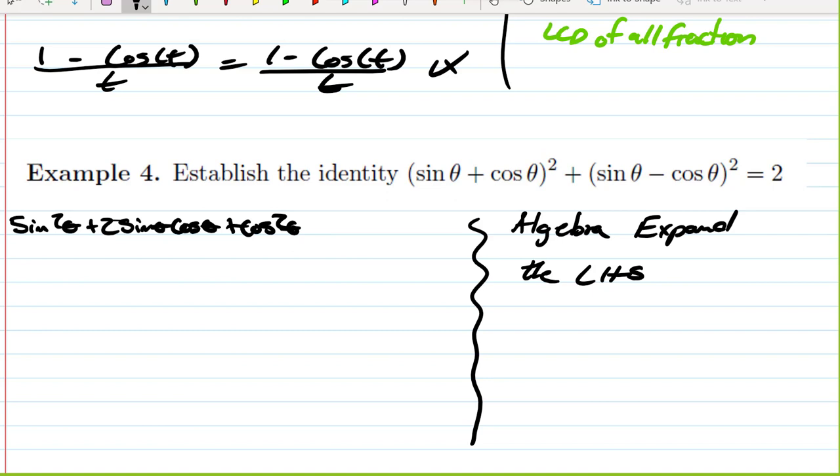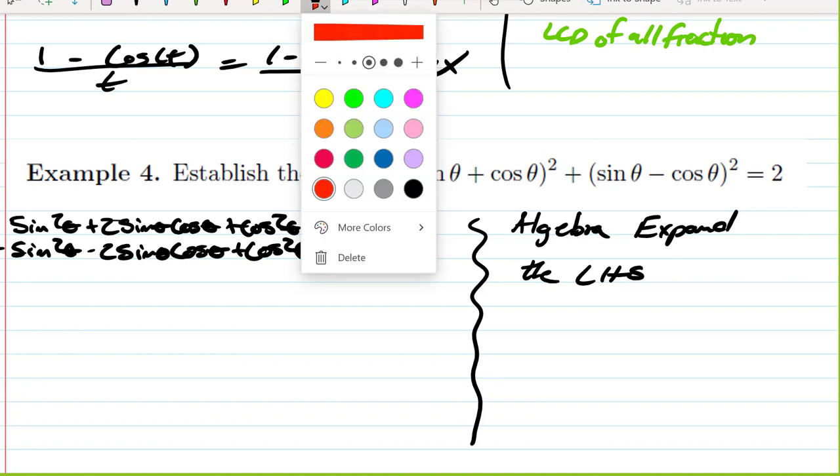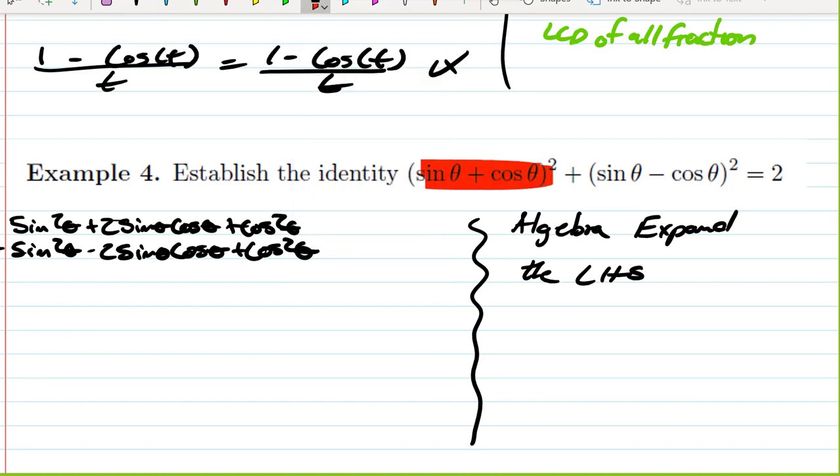So we're going to end up with plus sine squared theta minus 2 sine theta cosine theta plus cosine squared theta. I should probably color code these because it's not entirely clear what's happening.